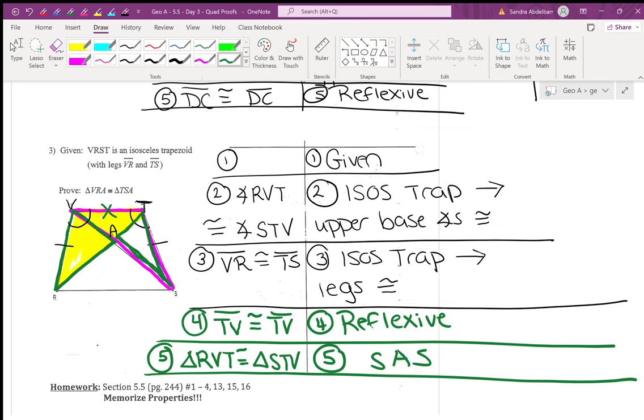It's an angle. Does anybody see an angle in the yellow and the purple that I can also CPCTC for the green? Tanya? Good. Can I call them R and S? No. Can I call them 1 and 2? Absolutely. So I'm going to CPCTC angle 1 and angle 2.